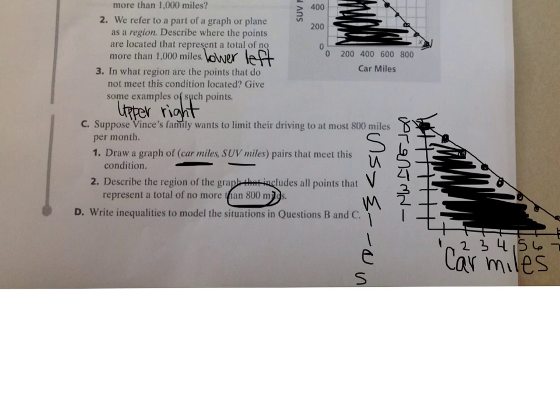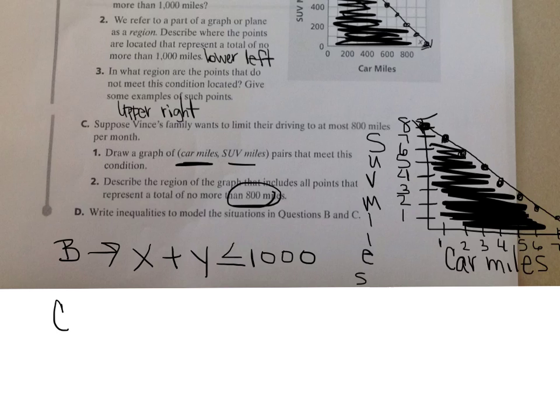Letter D, write inequalities to model the situations in B and C. Well, since we're using two variables to represent our data, for question B, x is going to represent the car mileage and y is going to represent the SUV mileage, and the sum has to be less than or equal to 1,000 miles.